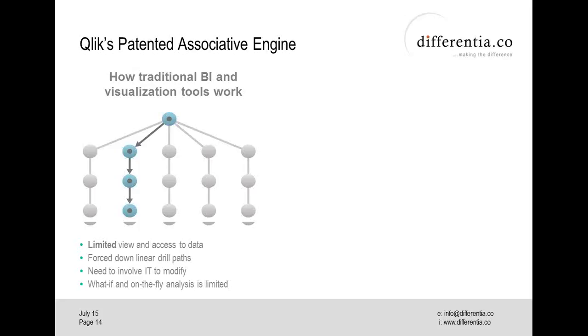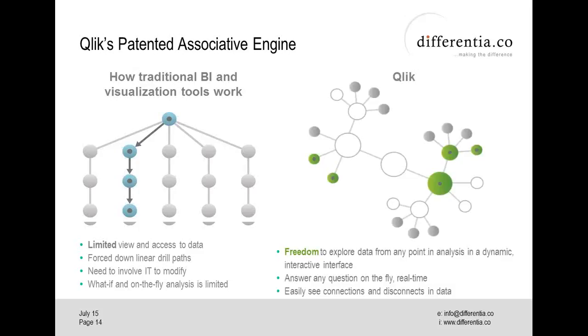So it means that the ability to ask questions or do on-the-fly analysis is really quite limited, or it really affects the performance of your underlying systems. Qlik is very different to this. Basically, through its associative data structure, it allows you to hold this data so you can ask any question on the fly in real time, and allows you to see the disconnects and associations in that data. Now, this is absolutely unique to Qlik. No other product has this.